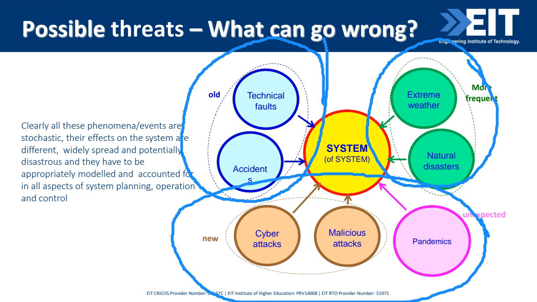But these things which are there, they are stochastic in nature, and they all impact our systems in a different manner. And many times this brings in disaster to our system.